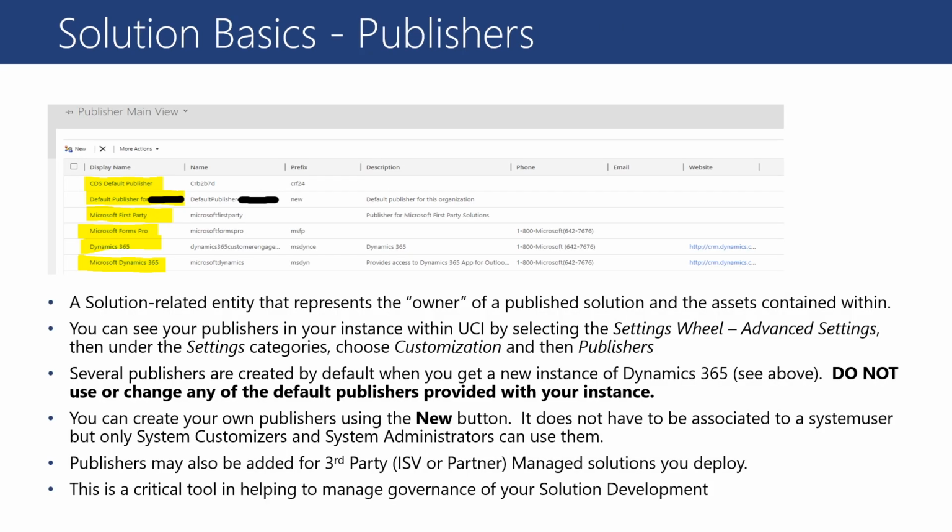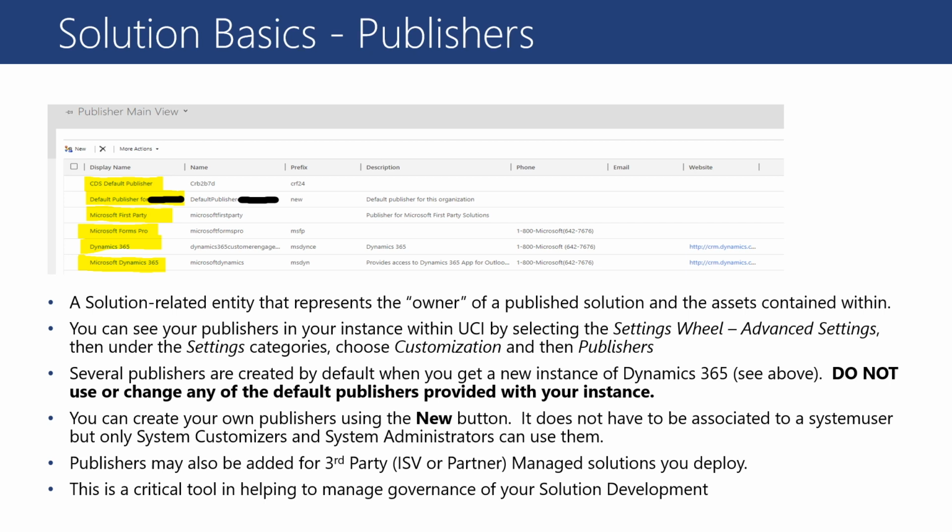When we talk about publishers for a solution, what we mean is that publishers are a solution-related entity that represents the owner of a solution and the assets contained within. Publishers are located in your instance under UCI by selecting the Settings wheel, Advanced Settings, and then under the Settings categories, choose Customization and then Publishers. Please note, several publishers are created by default when you get a new instance of Dynamics 365.